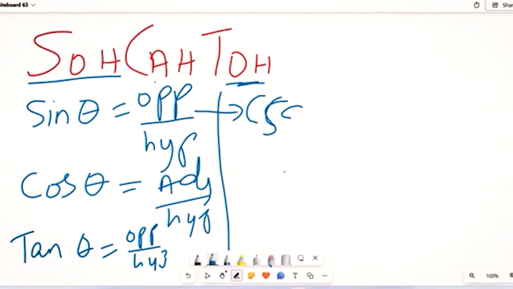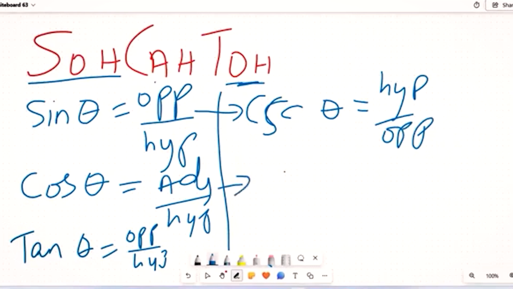Since I already know sine, cosecant of theta is hypotenuse over opposite. Cosine also has a brother, call it a sister if you like, and that is secant. Secant of theta is the reciprocal of adjacent over hypotenuse. So now I can say hypotenuse over adjacent.